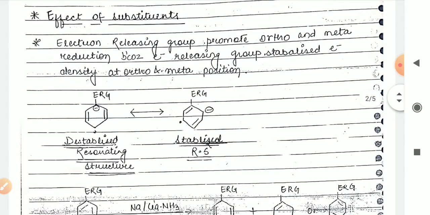Here you can see the substituent on the benzene ring. There are two possibilities. First, negative charge at the para position and ipso position. Another is the ortho and meta position.